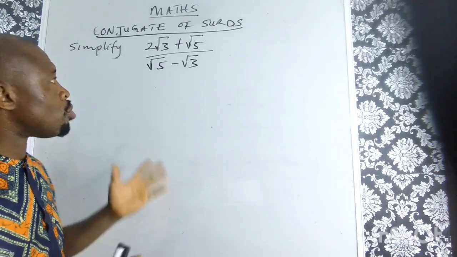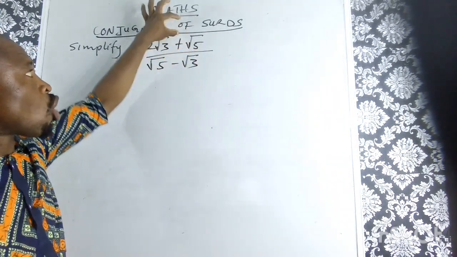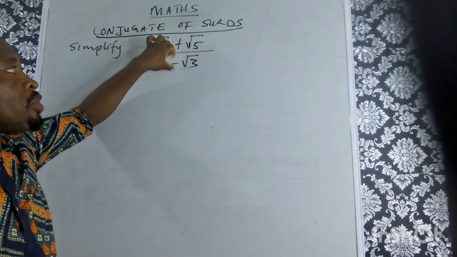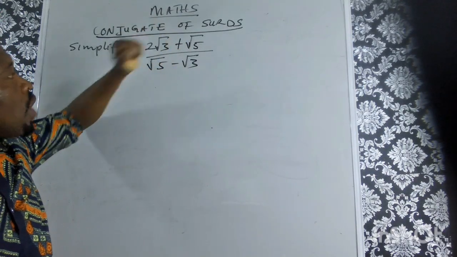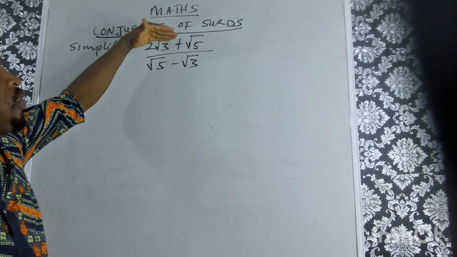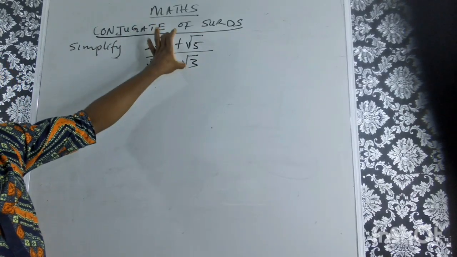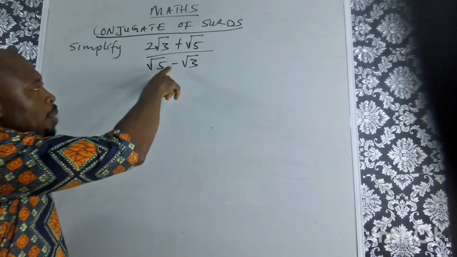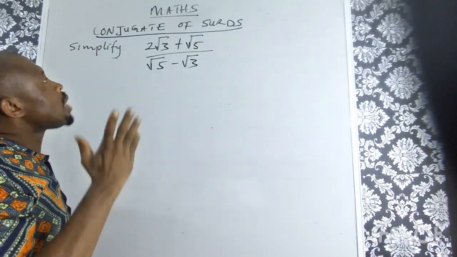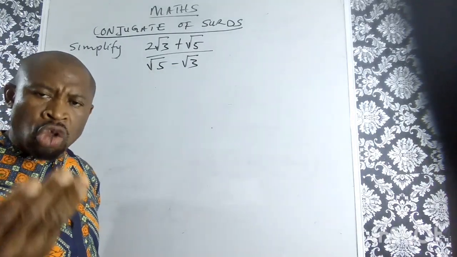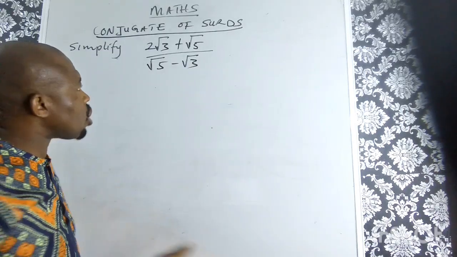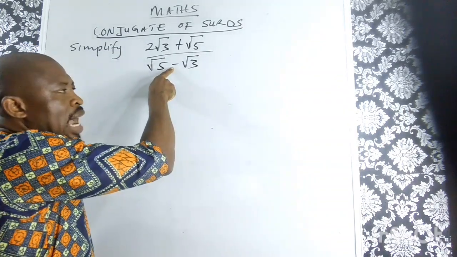Most times when conjugate comes into play, it gives you a fraction of surds. We have fractions separated by either positive or negative. When you hear conjugate of surds, it is just this sign here.